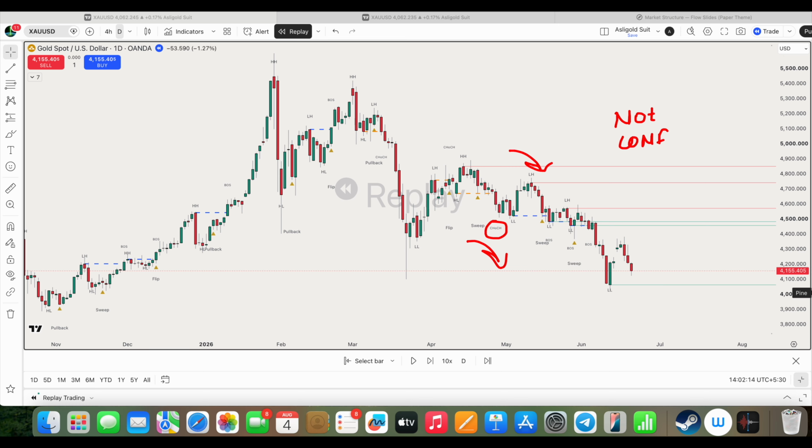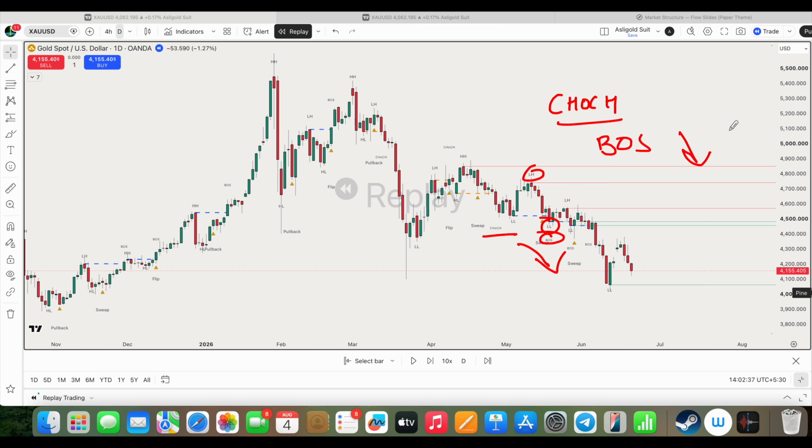So what confirms it? After the change of character, you want to see a break of structure in the new direction. Price starting to make lower highs and lower lows. So the order is simple. First the change of character, that is your warning. Then a break of structure in the other direction, that is your confirmation.